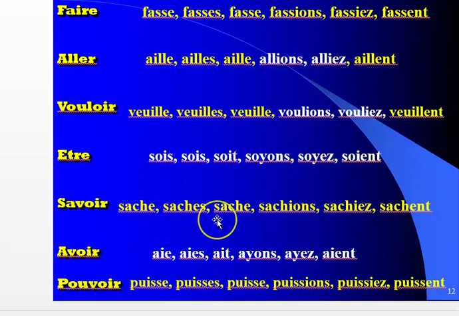Savoir, all the forms are sache: sache, saches, sache, sachions, sachiez, sachent. Avoir, just like être, is the only other verb that has irregular stems and irregular endings: aie, aies, ait, ayons, ayez, aient. So the difference in pronunciation between avoir and aller: avoir is pronounced the same as you think.